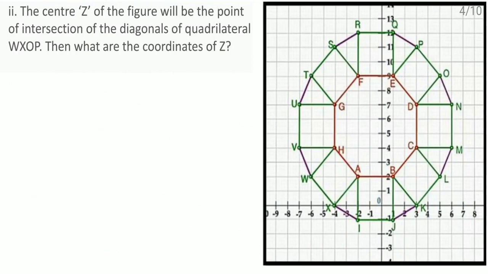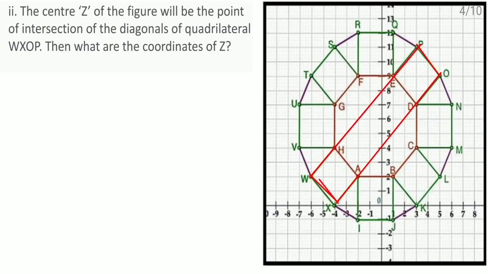The center Z of the figure is the point of intersection of the diagonals of quadrilateral WXOP. See, quadrilateral WXOP: this one, then this one, then this one, and then OP here. So this is the quadrilateral.